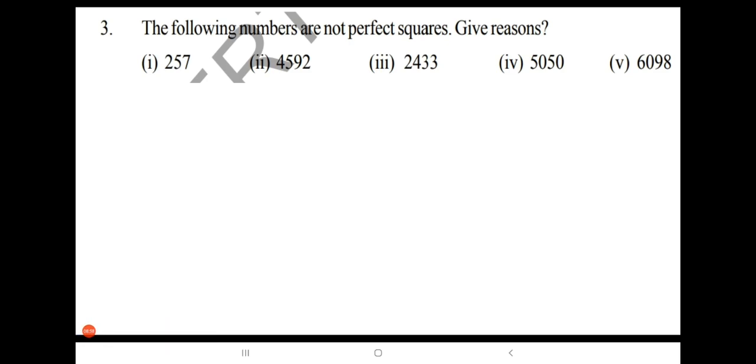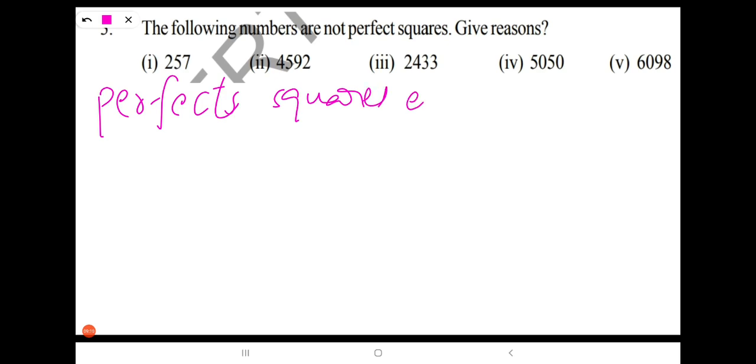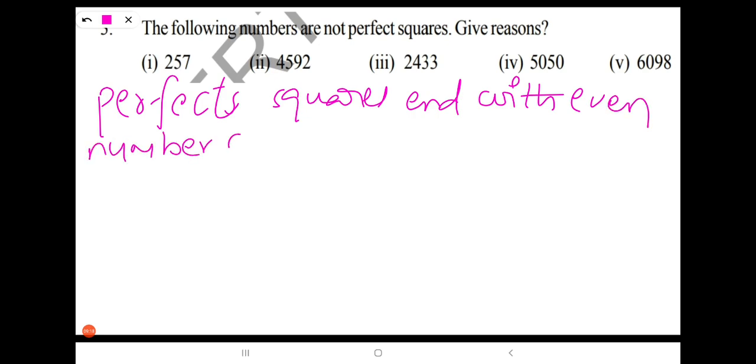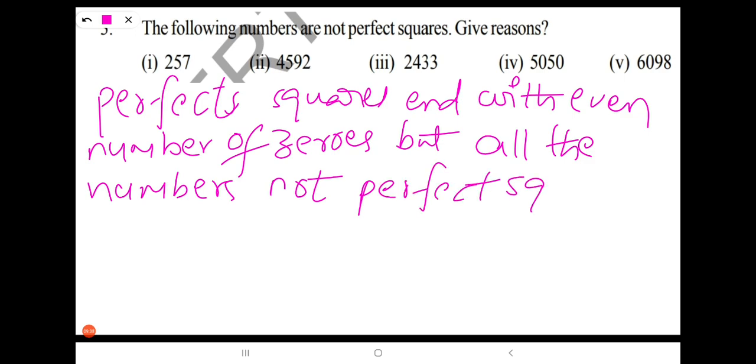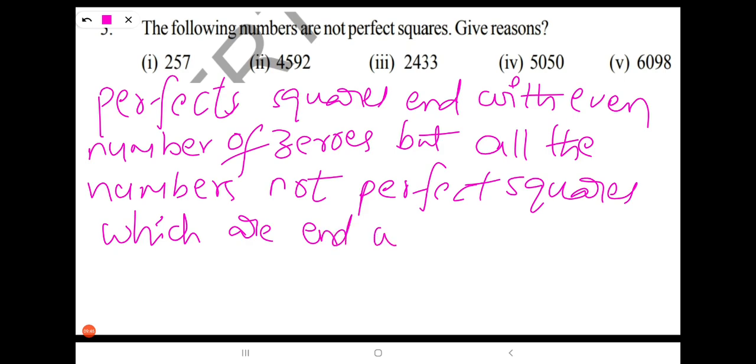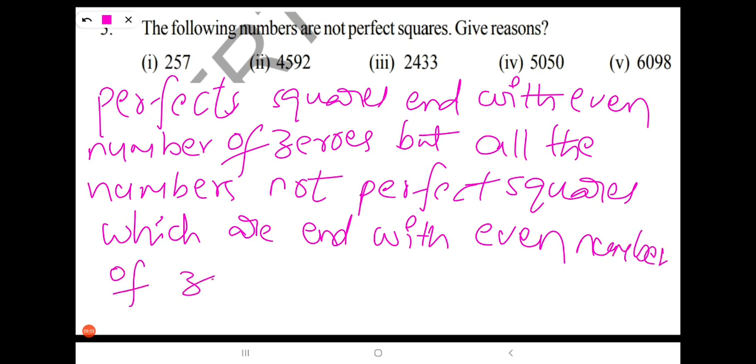I am repeating once again, perfect squares end with an even number of zeros, but not all the numbers which end with an even number of zeros are perfect squares.